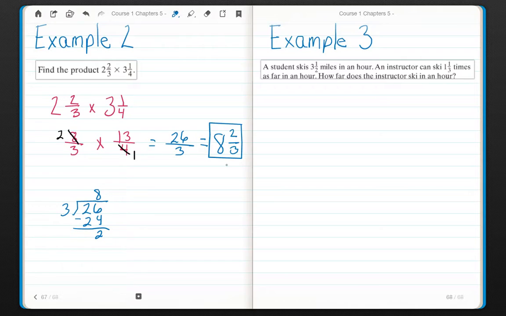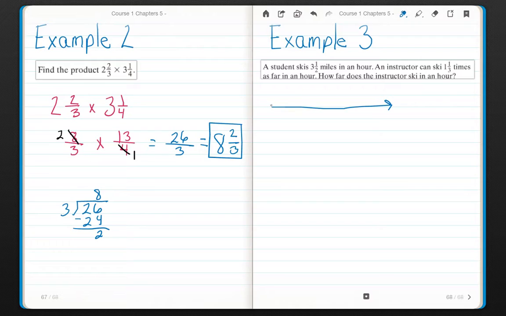A student skis 3.5 miles in 1 hour. An instructor can ski 1 1/3 times as far in an hour. So how far does the instructor ski in an hour? So the student skis 3.5 miles. And I'm going to draw a little diagram here.